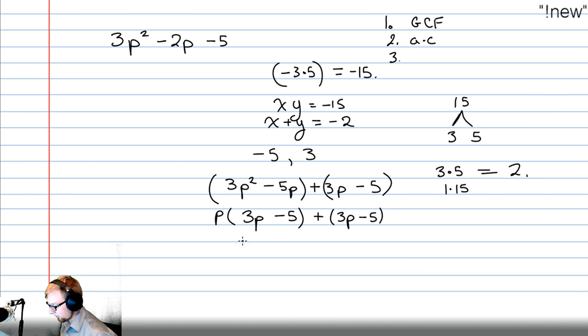So what is your final factored form? P plus 1 in one set of parentheses, and then 3p minus 5. Good.